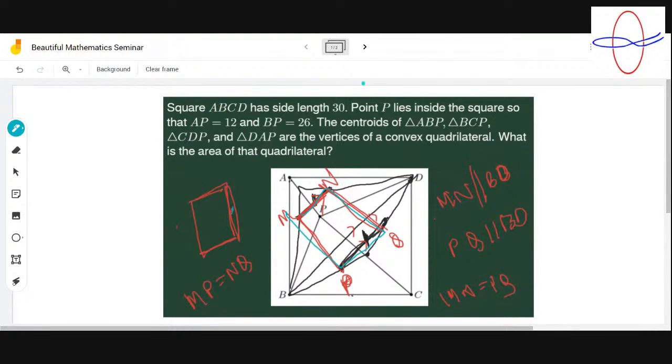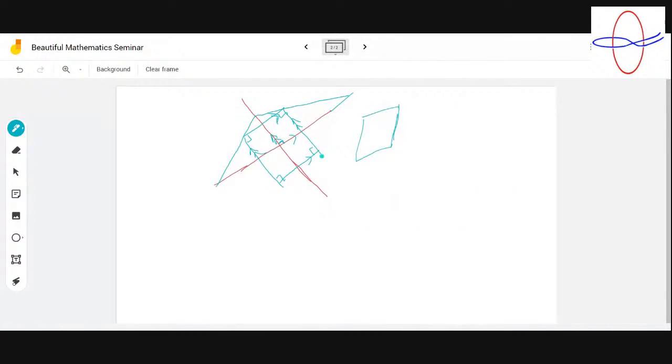So what is A min is to BD? What is A min is to BD? This is 2/3, right? So therefore, this length, let's call it X, and the diagonal, let's call it D. Therefore, X by D must be equal to 2 by 5. Therefore, X must be equal to 2/5 of D. Now, what is the diagonal length? Diagonal length of 30 is 2 by 5 into 30 root 2. That is 12 root 2.